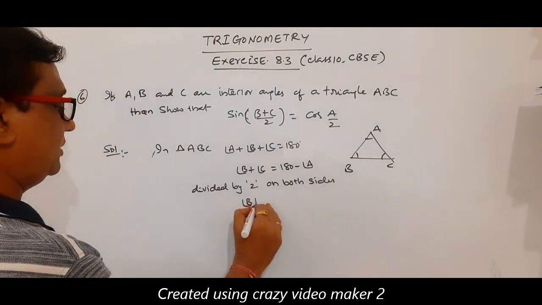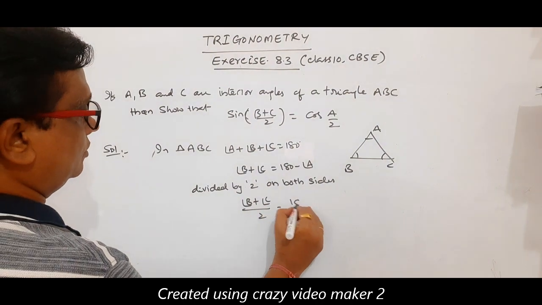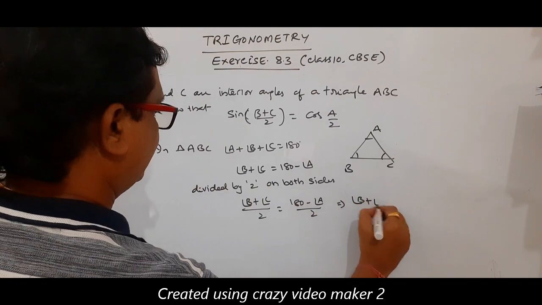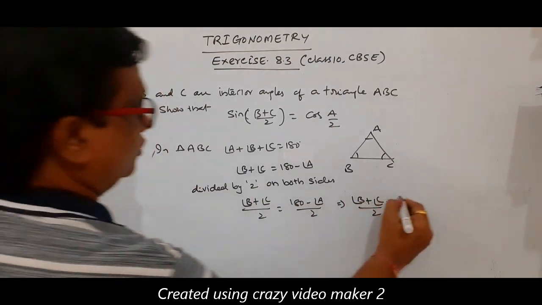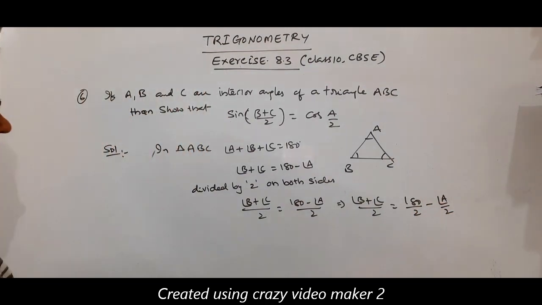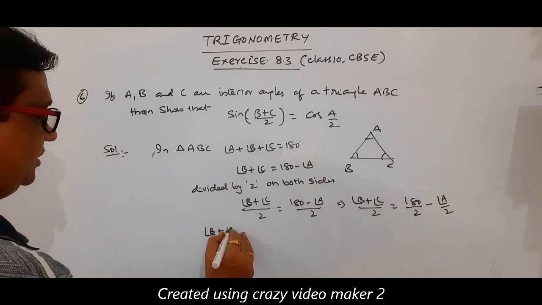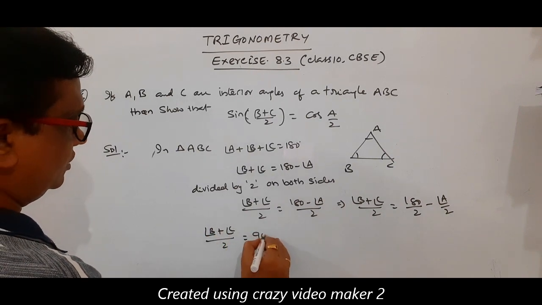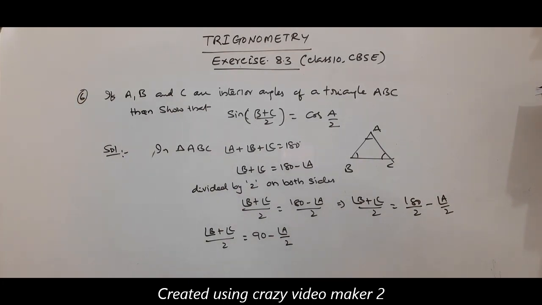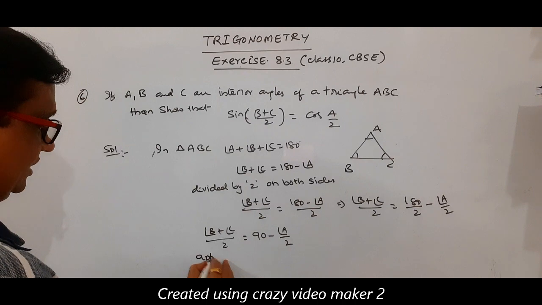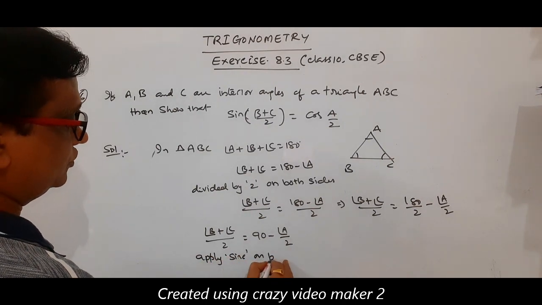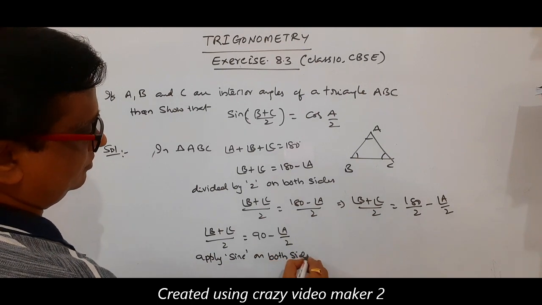So (angle B plus angle C) by 2 equal to (180 minus angle A) by 2. That is (angle B plus angle C) by 2 equal to 180 by 2 minus angle A by 2. Now (angle B plus angle C) by 2 equal to 90 minus angle A by 2. So apply sine on both sides, because sine is there.